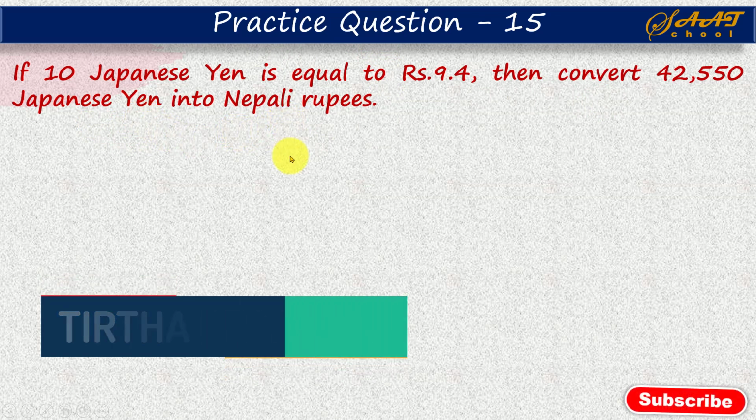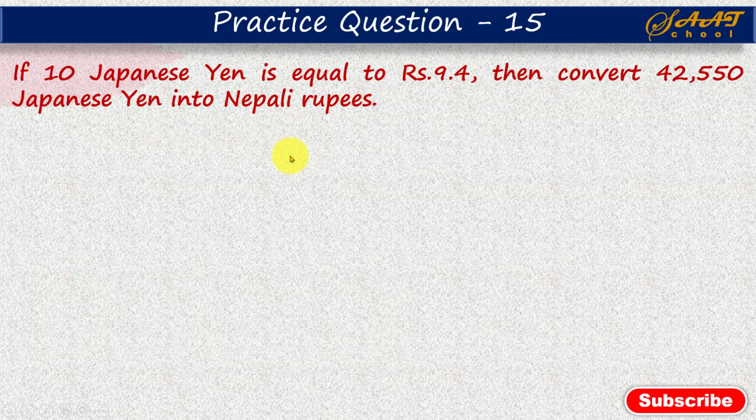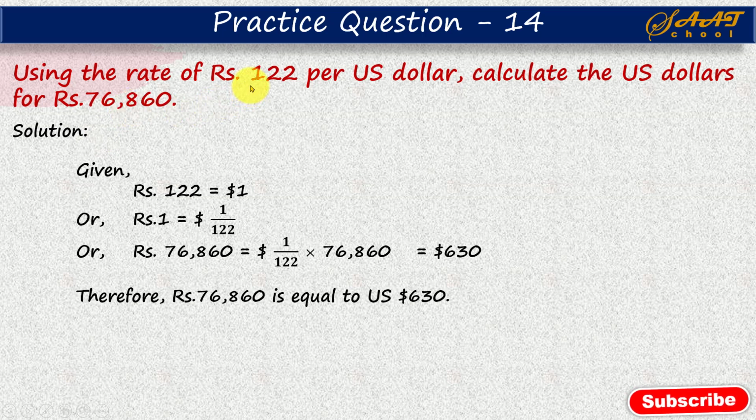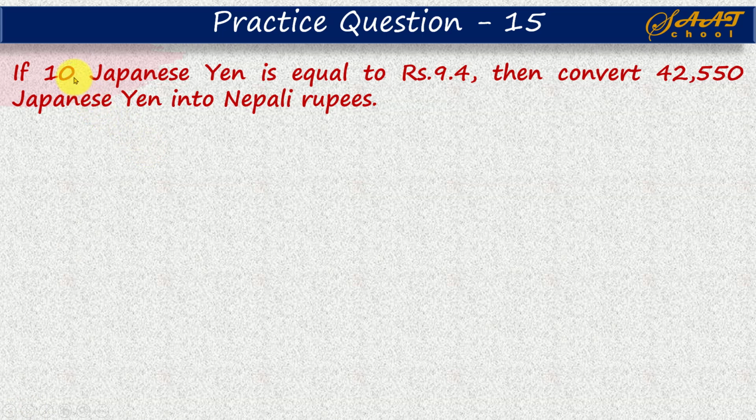I think you can try this. Practice it as I showed you in practice question number 14. Here we changed rupees into US dollars, and here again you have to change Japanese yen into rupees.